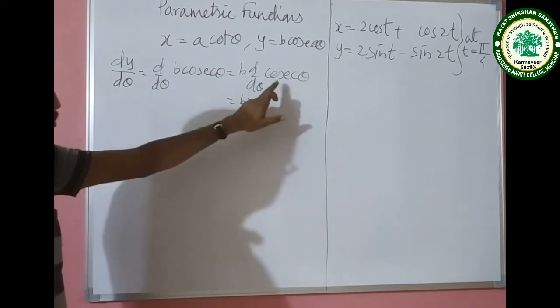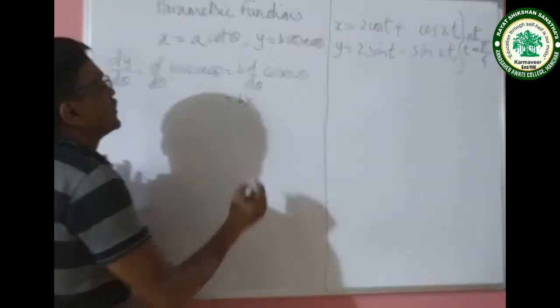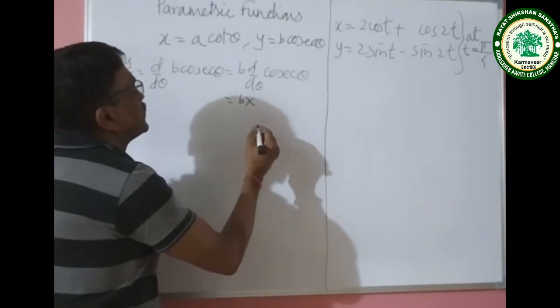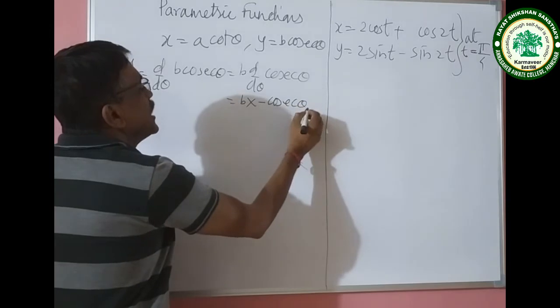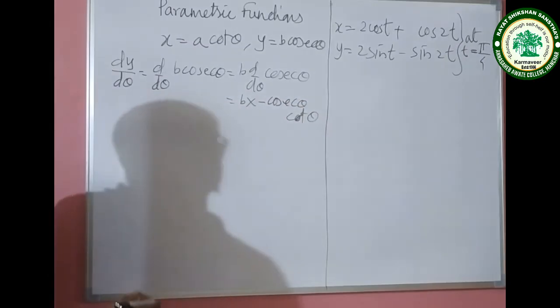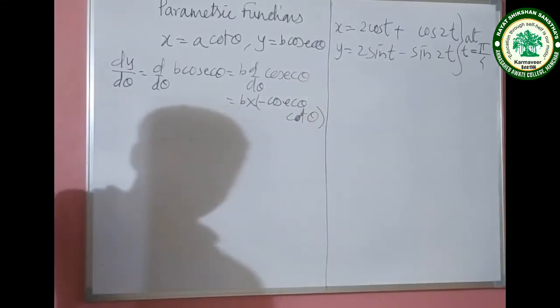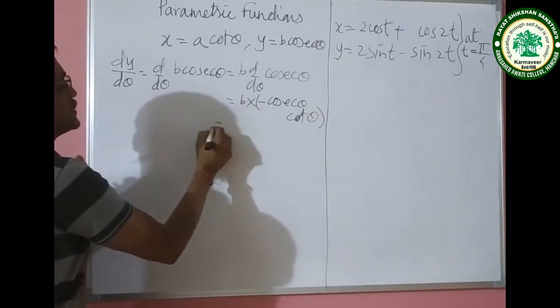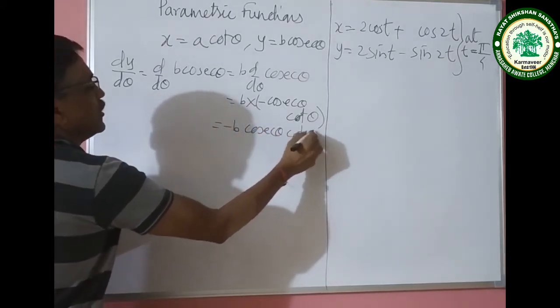So what is the derivative of cosec theta? It is minus cosec theta into cot theta. So this is the derivative. It means b into minus, it is minus b cosec theta into cot theta.